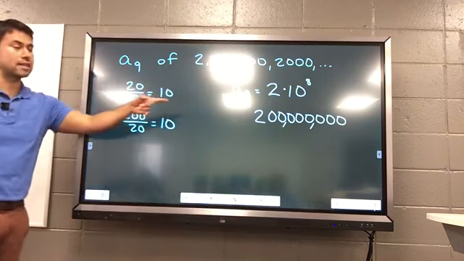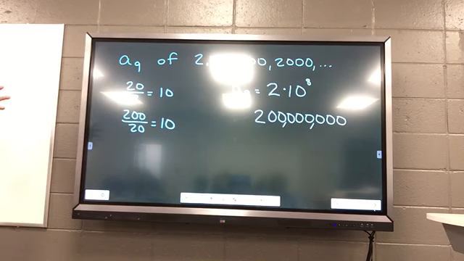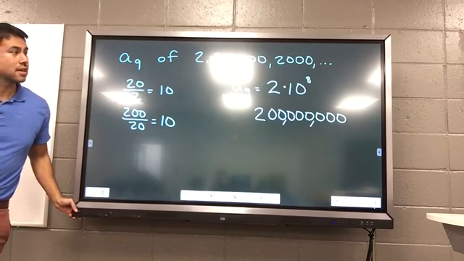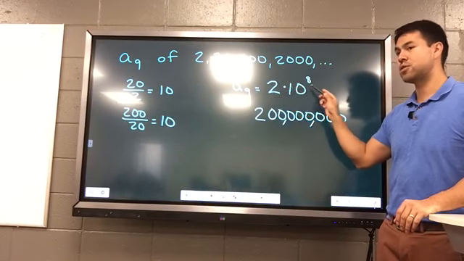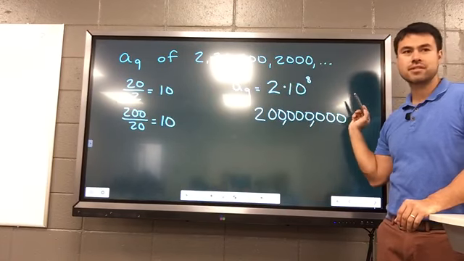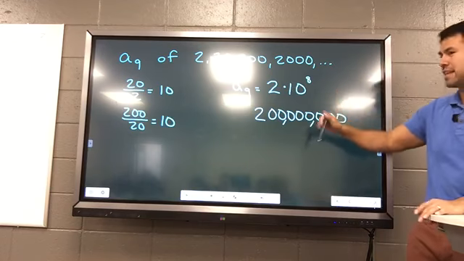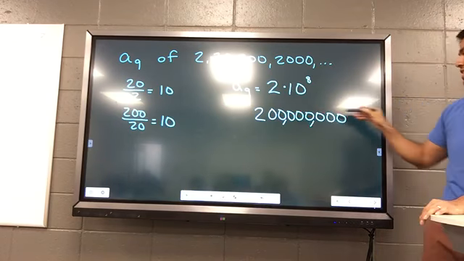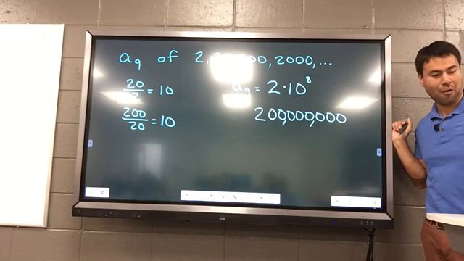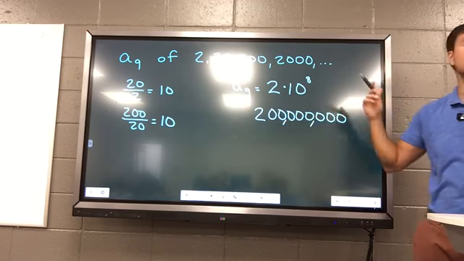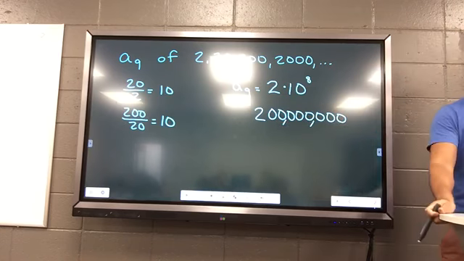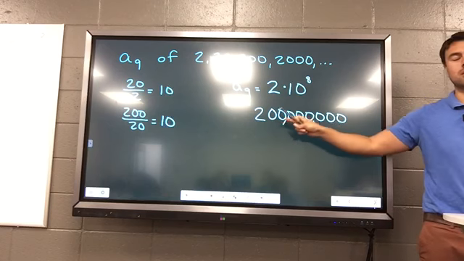If you have a big number like that, commas. You could work it out, 10 times 10 times 10 times 10, but that's 100 million. So 2 times 100 million is 200 million. Is that a big number or a small number?